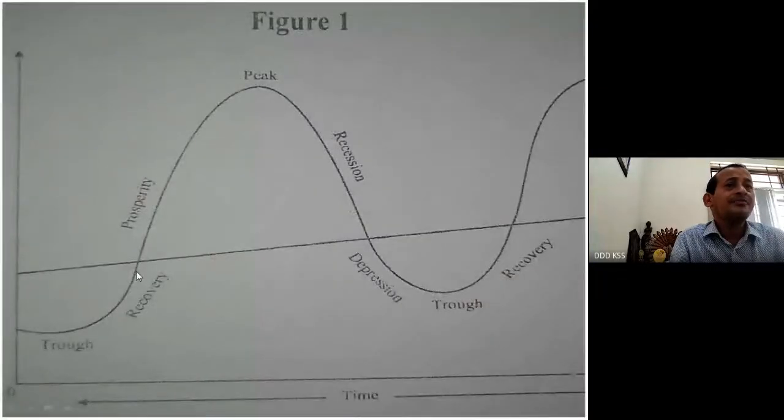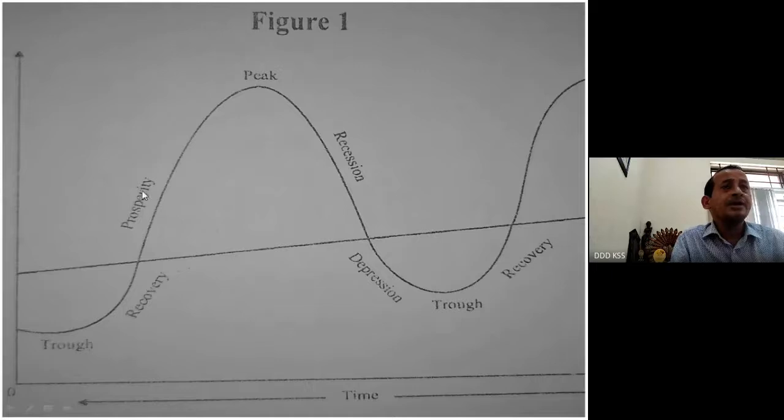Due to the increase in the aggregate demand of semi-durable goods, or because government adopted a policy, like during COVID-19, when the government gave a huge economic package, the economy which was facing problems started revitalizing again, starting recovery.